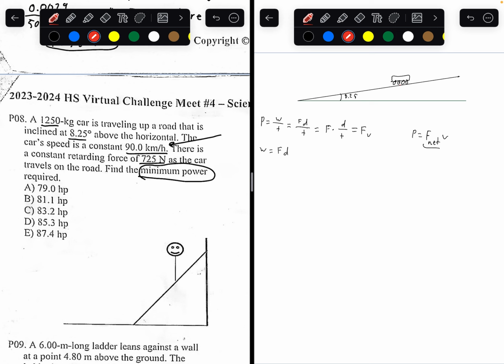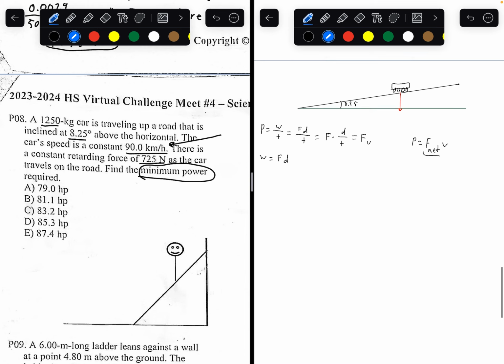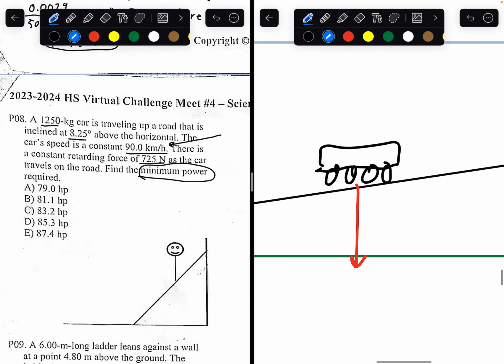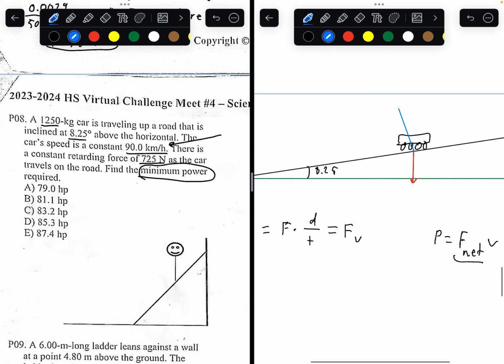We have the weight force, as usual. Since the car is on an incline, remember, normal force is always perpendicular to the surface. So if we zoom in, we want to draw a line perpendicular to the surface, we would get something like this. It's not my best, but yeah, perpendicular to the surface.